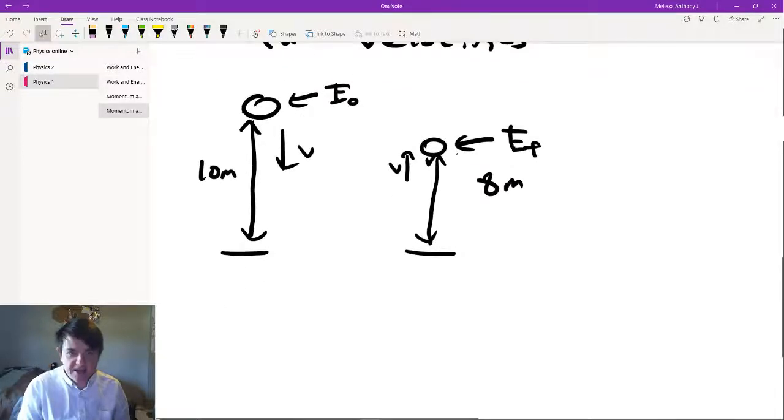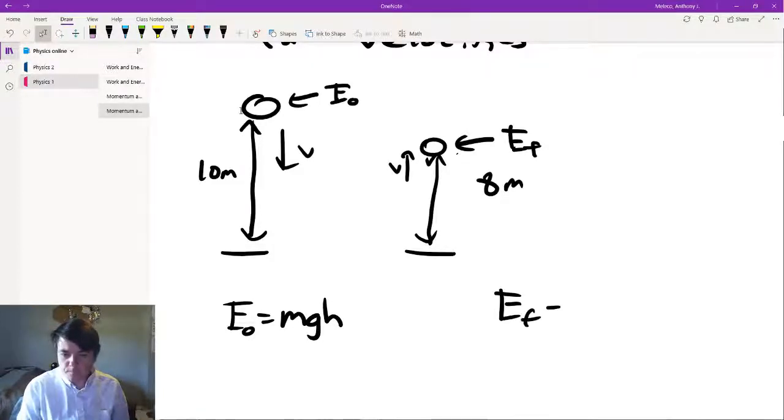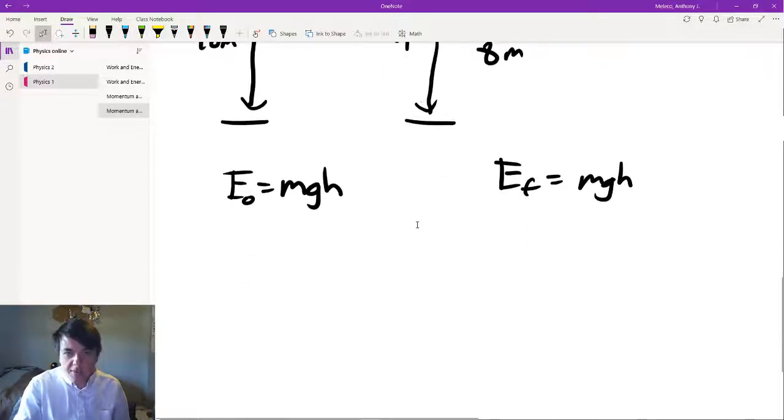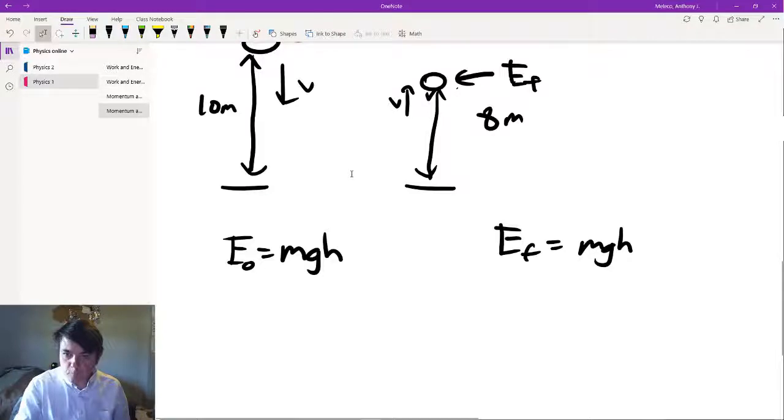So at its highest height, E initial equals mgh, right? Where h is 10 meters. And then E final, it will equal the same thing. And then what we can do is set that equal to the point down here, just before it hits.